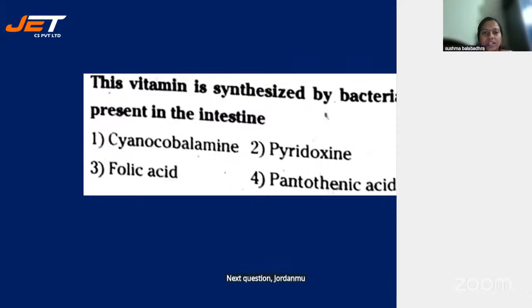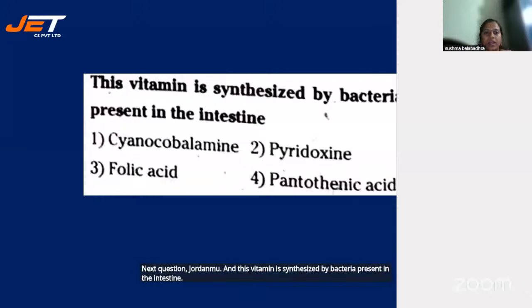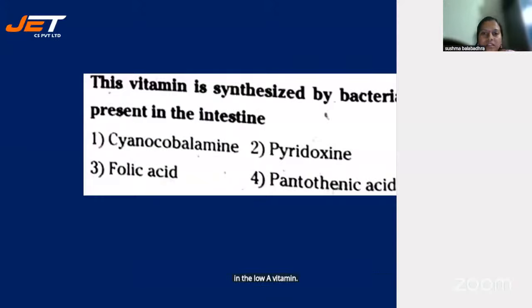And this vitamin is synthesized by bacteria present in the intestine. Which vitamin is synthesized by the bacteria present in the intestine? Cyanocobalamin, pyridoxine, folic acid, pantothenic acid.